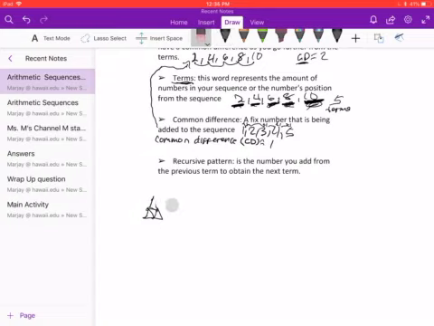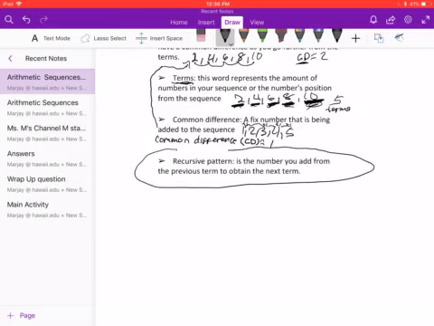You know what? Take note about this definition and we'll come back to it later.